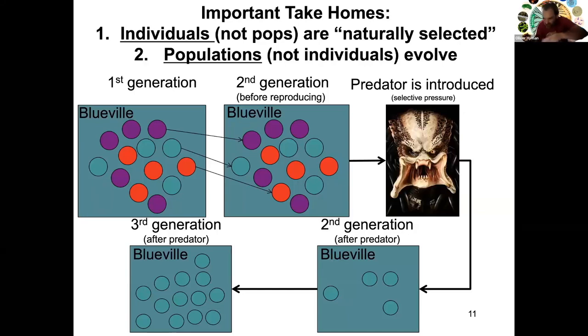You have a sort of selective sweep where you're removing certain individuals and leaving other individuals that have that advantageous trait or adaptation. So it's a population that's evolving or changing, not individuals, okay? So we've gone from a quarter of blue individuals in the population to 100% blue individuals in the population.